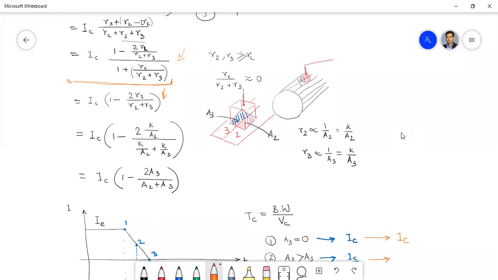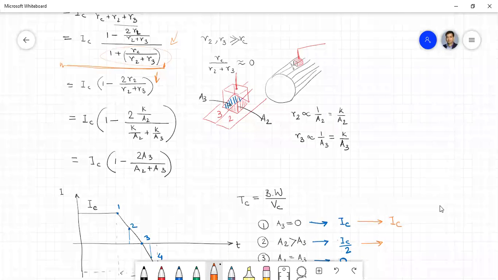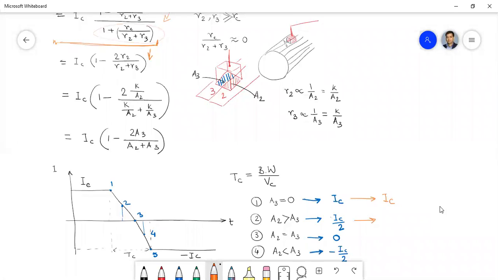But we have to now consider the denominator as well. Apart from this numerator, we are having this denominator, and the denominator we can say is always more than 1. So exact value, if we don't consider also, we can say at least this coil current must be less than IC by 2, isn't it?